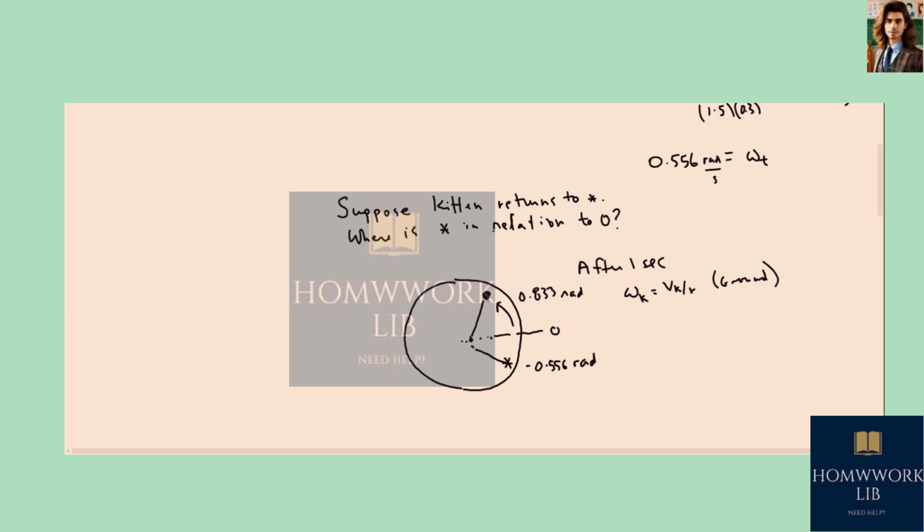So relative to the turntable, let's call this omega kitten prime, is actually the sum of the two angular velocities relative to the ground frame.